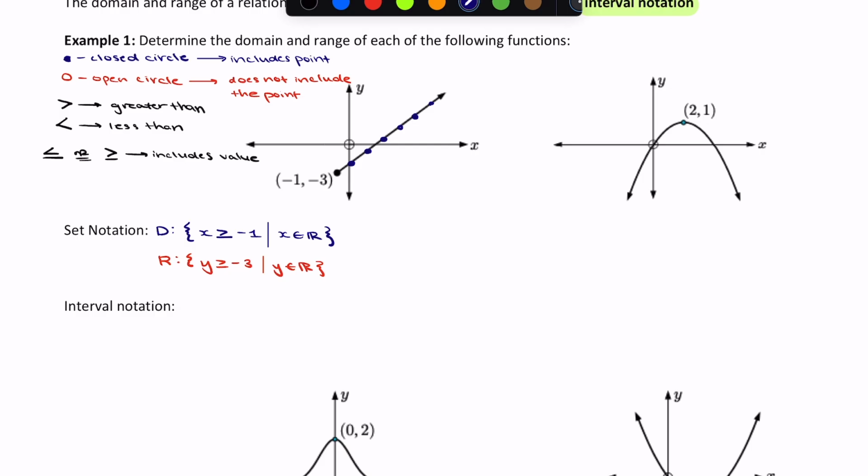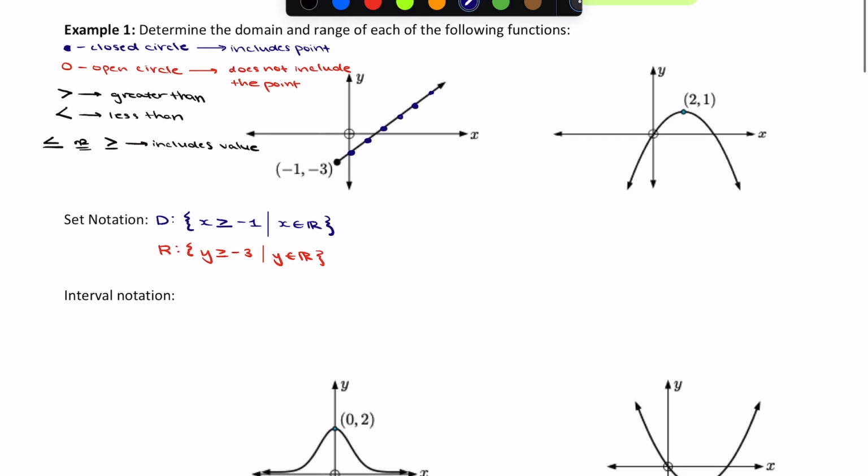We might not say that it's an element of real numbers. We just might say that it's an element of natural numbers, of integers, and so on and so forth. So although a lot of the times when we look at these functions, they are elements of real numbers, it's not always the case, just to keep that in mind.